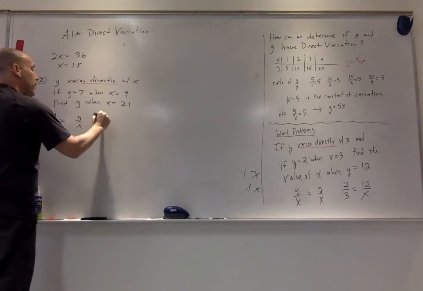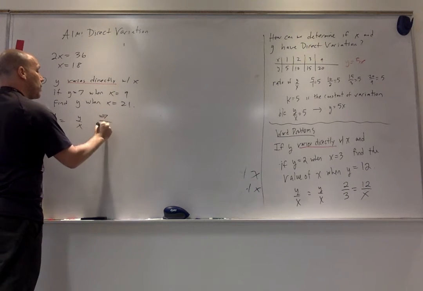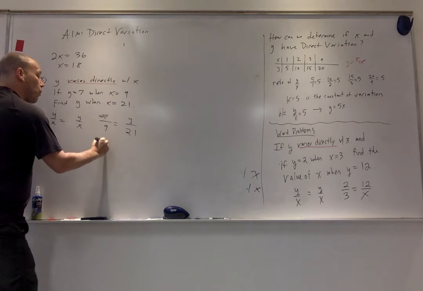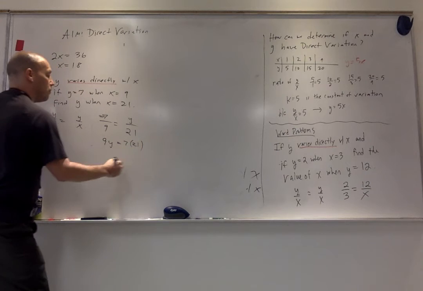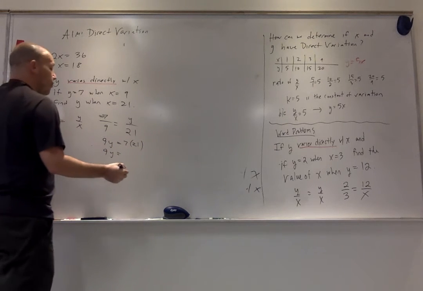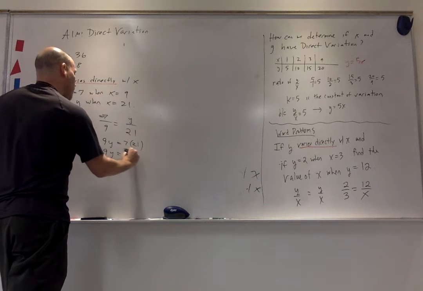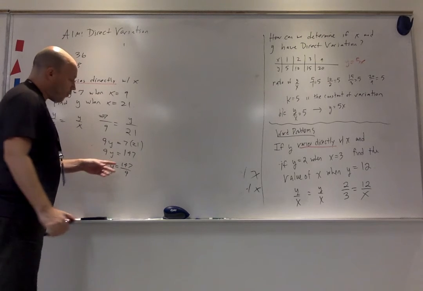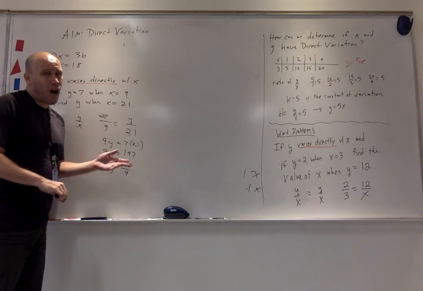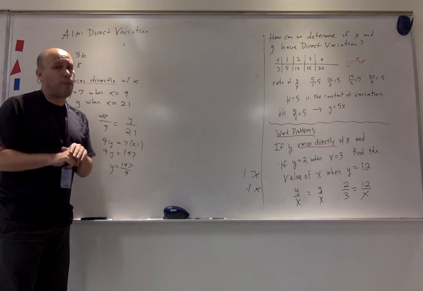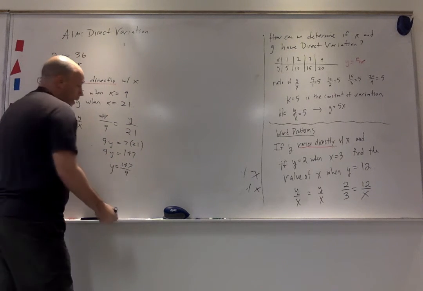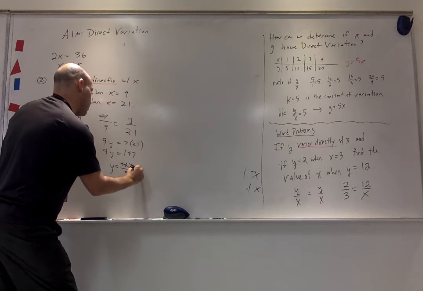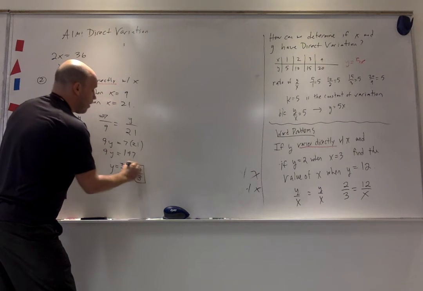So if 7 varies directly with 9, then what y value varies directly with 21? Cross multiply. 9y equals 147. Divide both sides by 9. Is 147 divisible by 9? No, because 1 plus 4 plus 7 is not divisible by 9. But we know they're both divisible by 3. Final answer, 49 divided by 3.